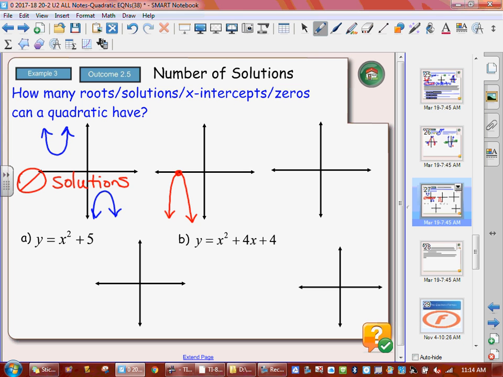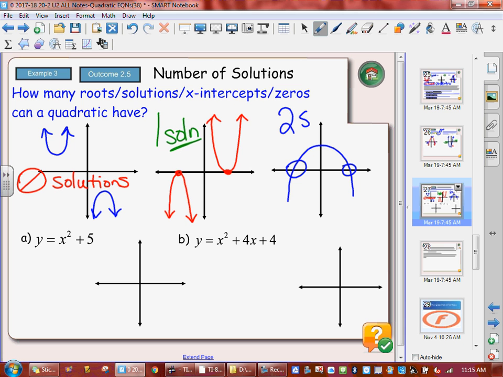That would be called one solution. SOLN is the abbreviation of solution. It touches x once. And then the kind that we've been dealing with mostly is touching twice, so 2 solutions. So we get 0 solutions, 1 solution, or 2 solutions.